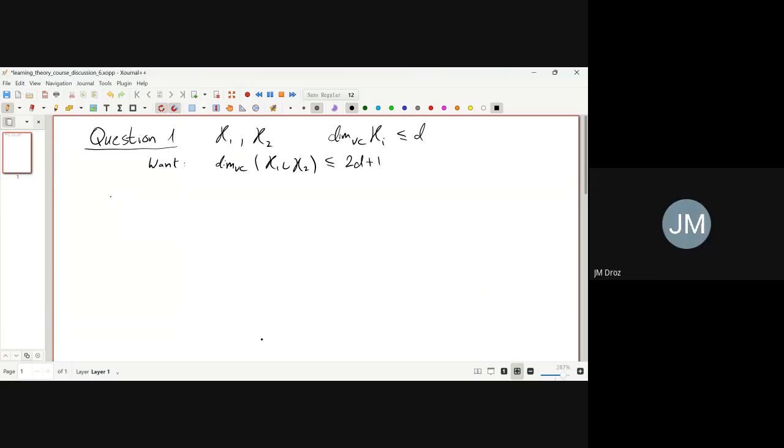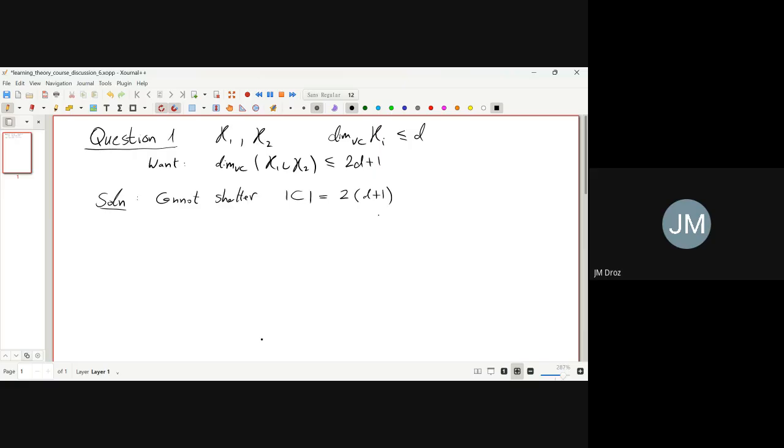Basically, in order to show the inequality, we need to show that it is impossible to shatter a set of 2D plus 2 elements. And of course, this will also imply that you cannot shatter a larger set, because shattering a larger set also contains a shattering of all of its subsets.